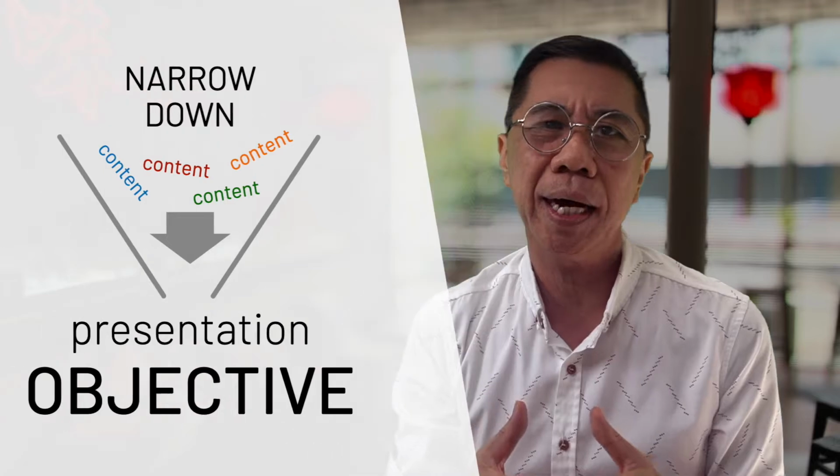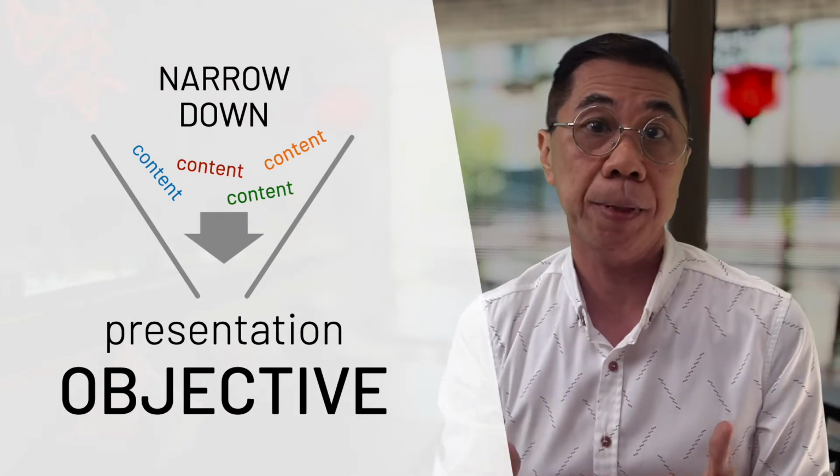When designing our presentations, we need to narrow down the content of our topic to important areas. Areas that are directly related to the objective of the presentation. Very often, the topic is too wide, making the presentation difficult to understand.